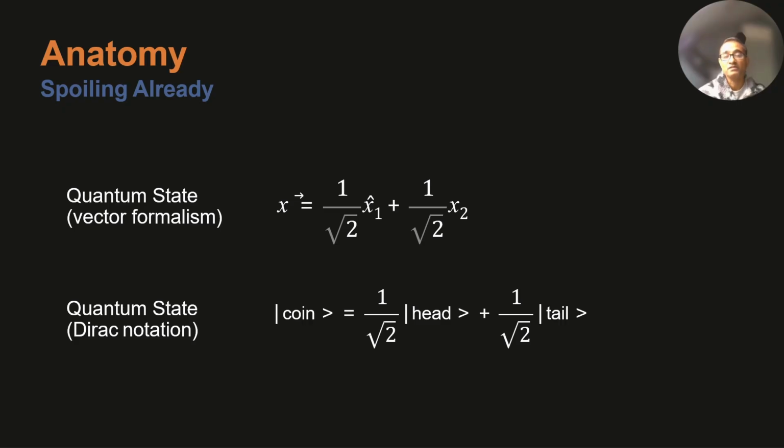And what we see here is a very unusual looking symbol where, for example, you see the words head and tail are in a space which starts with a vertical bar and ends with an angular symbol of greater than, and this is what basically the Dirac notation represents, which we will now get into in more detail.